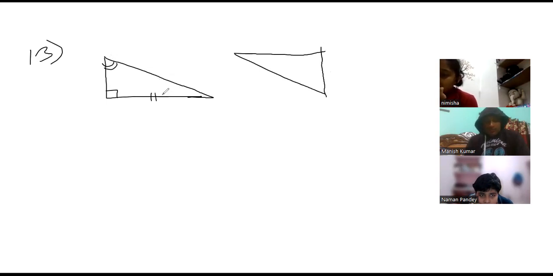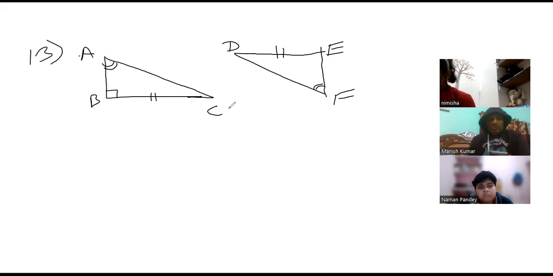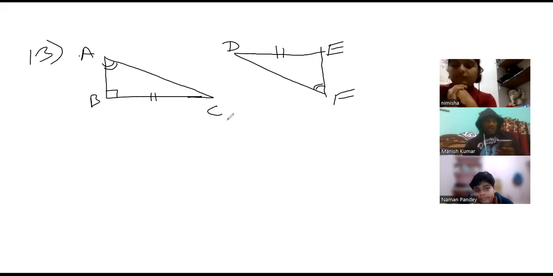Here straight away double dash is given. This is D, E, and F. This is A, B, and C. Now, by which congruence is triangle ABC equal to triangle FED? Means by which congruency rule they will be congruent?